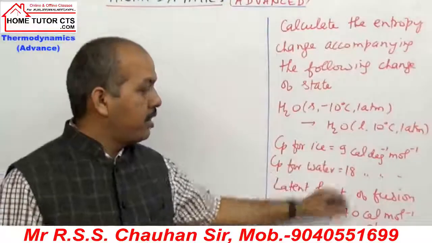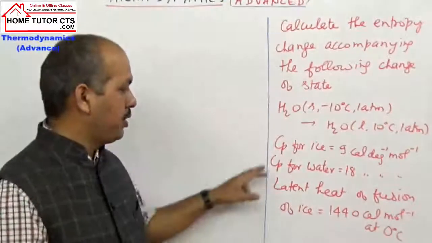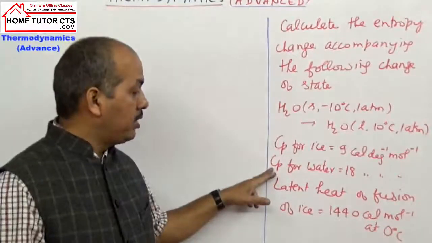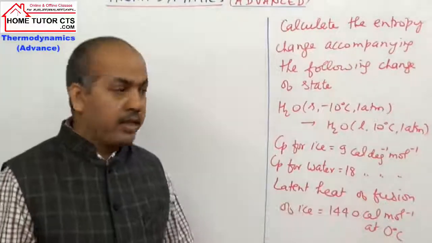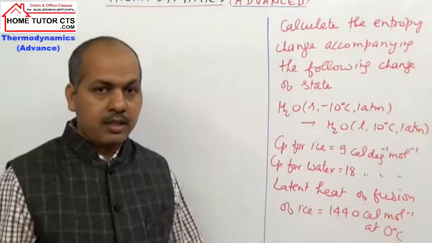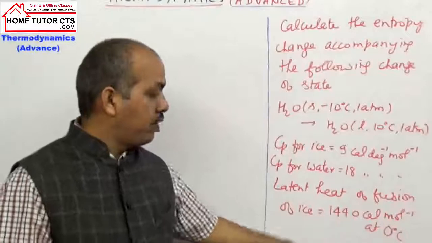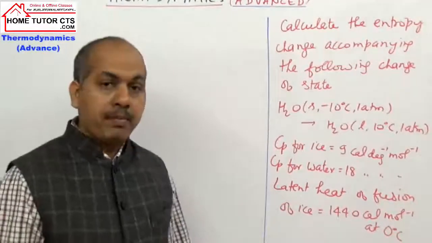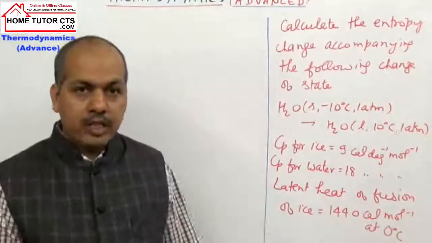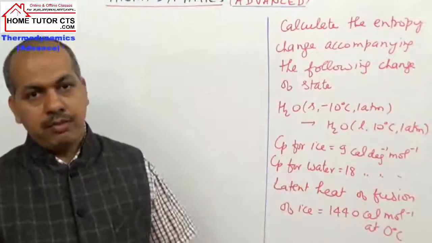Cp for ice is 9 calorie per degree per mole, and Cp for water is 18 calorie per degree per mole. Given the latent heat of fusion of ice is 1440 calorie per mole at 0 degrees Celsius. Okay, so try this question yourself.